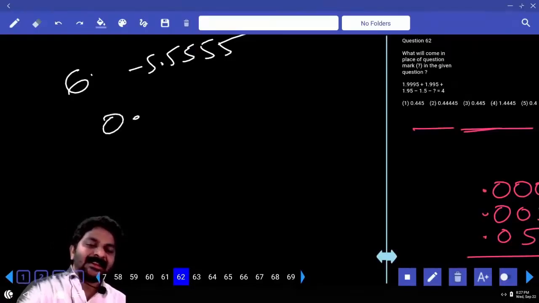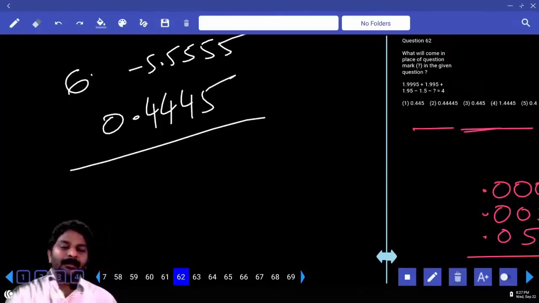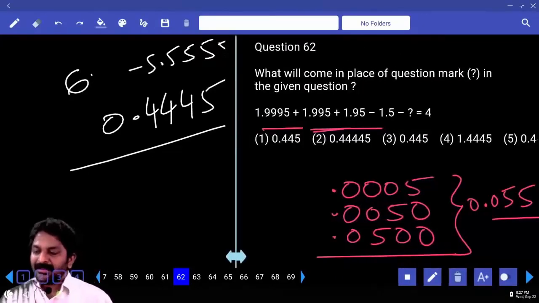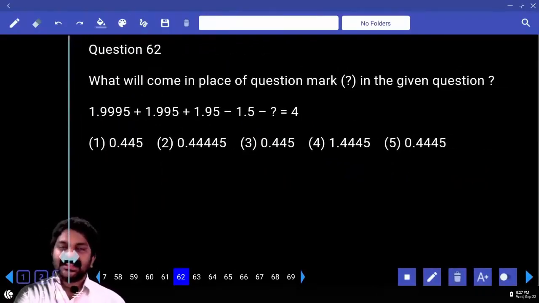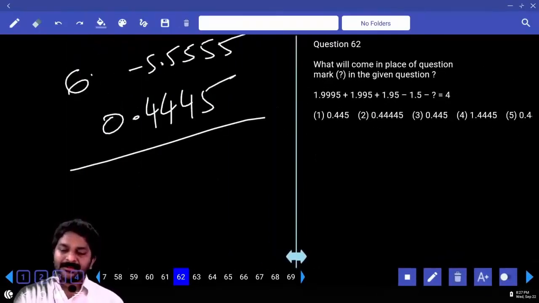That means the answer is 0.4445, 0.445. Which option is that? Fifth option, final.